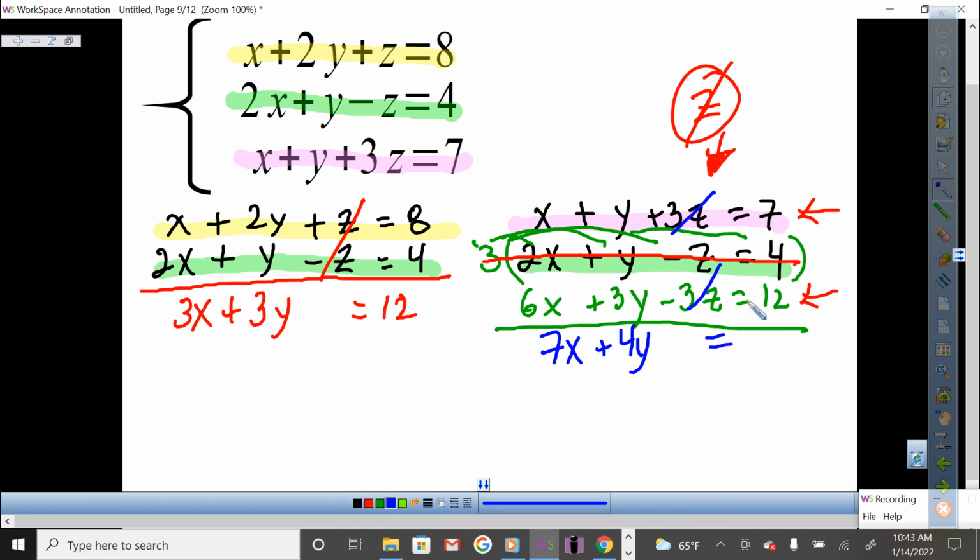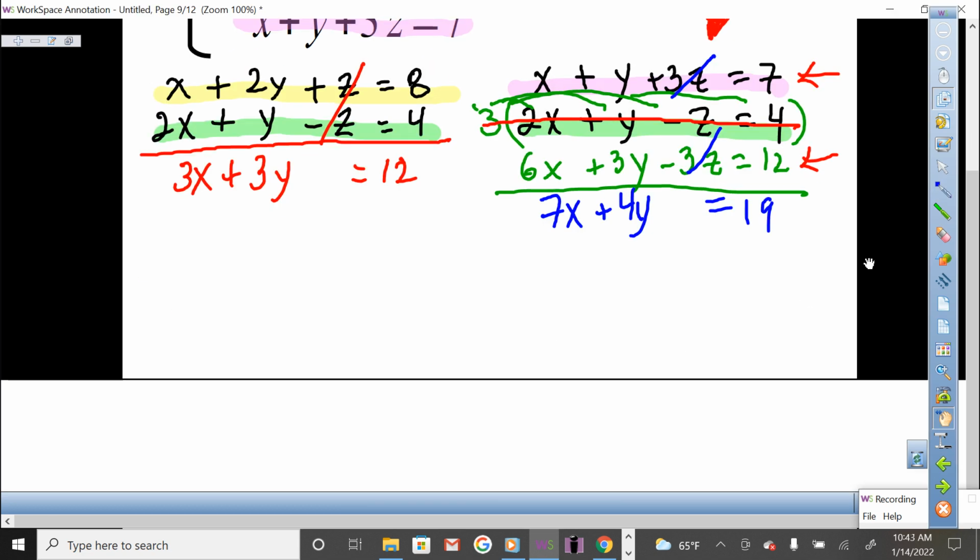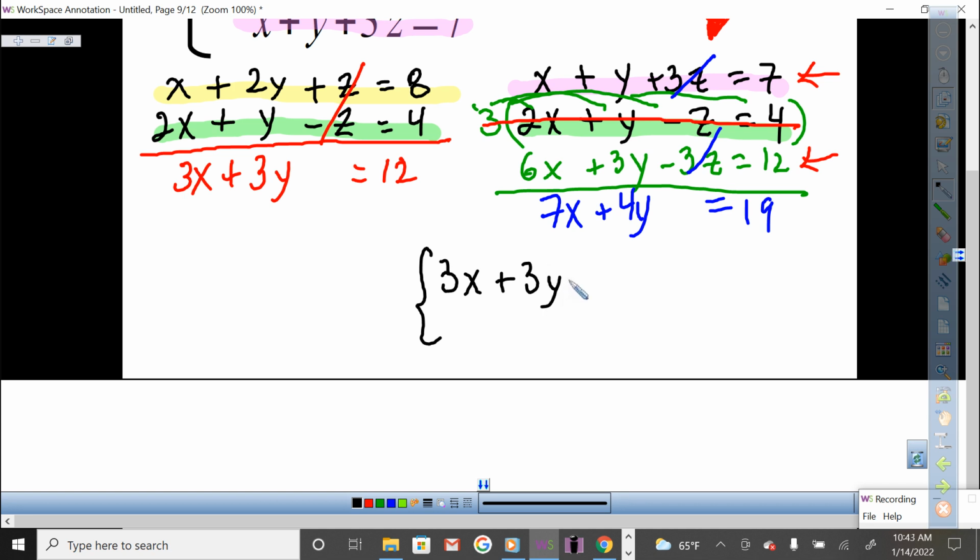And then this becomes 19. All right. Let's make it into a system. 3x plus 3y equals 12. 7x plus 4y equals 19.